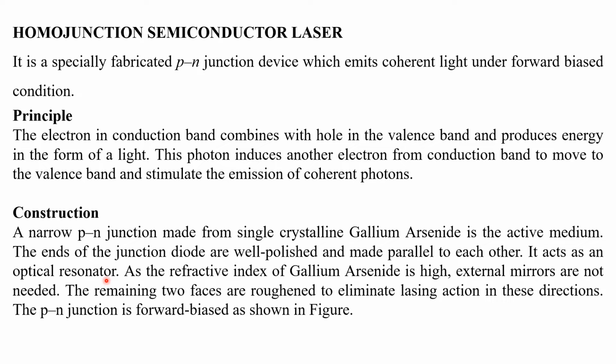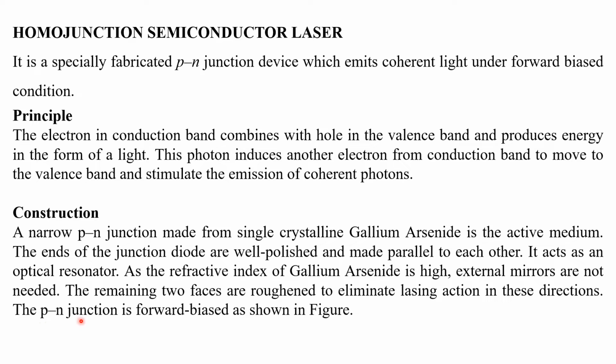The well polished parallel ends of this junction itself act as a mirror. As the refractive index of gallium arsenide is high, we need not use any external mirrors for the amplification. The remaining two faces are roughened to eliminate the lasing action in these directions.